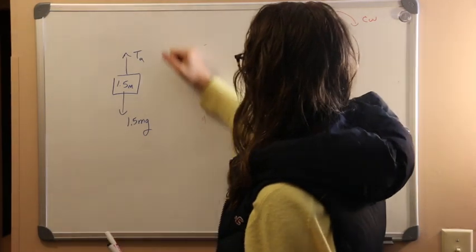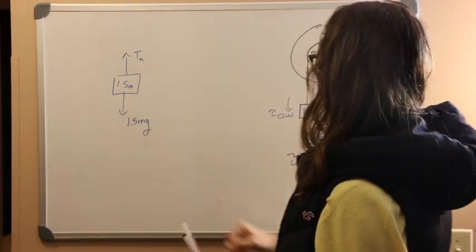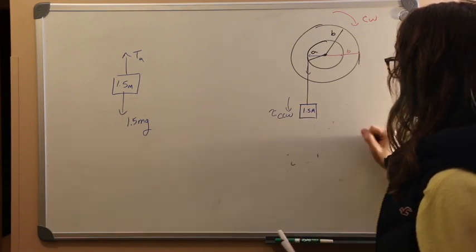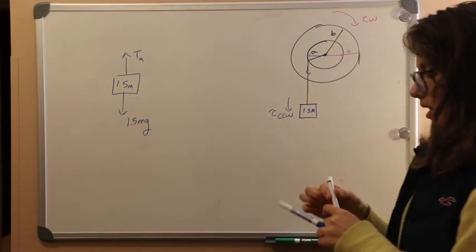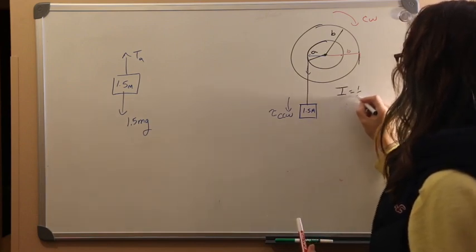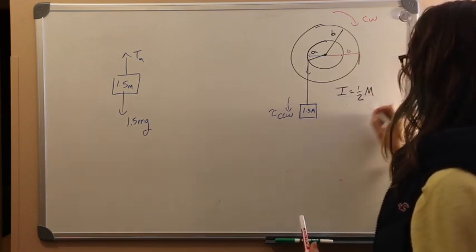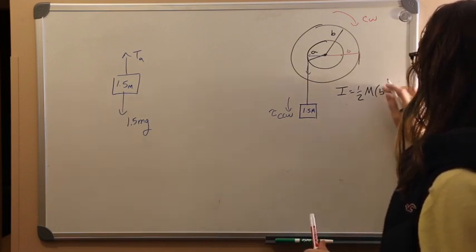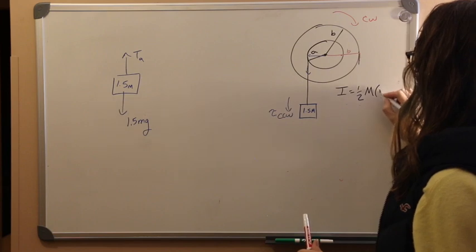So here's our free body diagram of our hanging mass, and here is our pulley. It tells us that the pulley can be estimated as a disk, 1/2 of mass m, and a radius b.